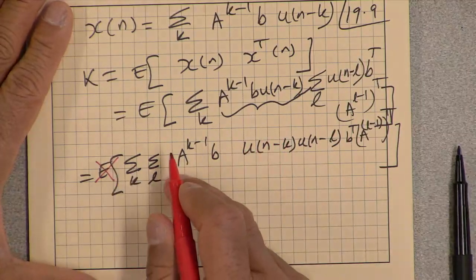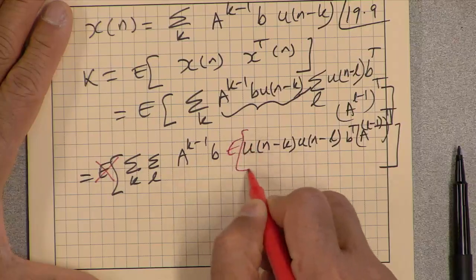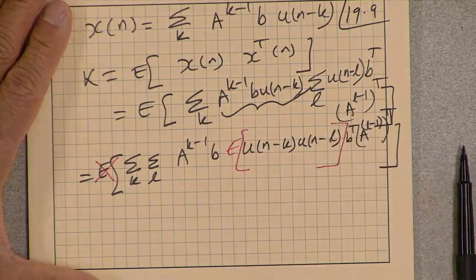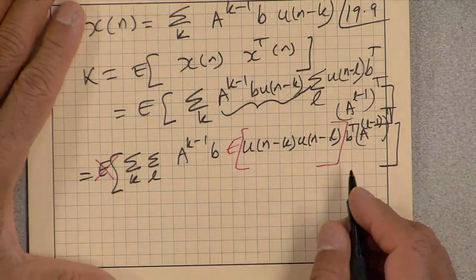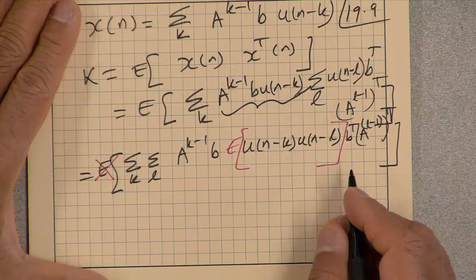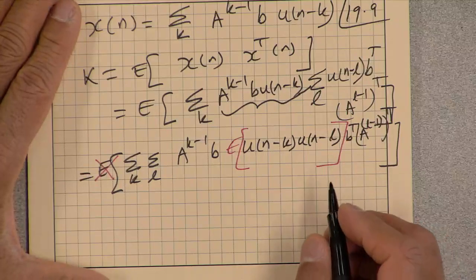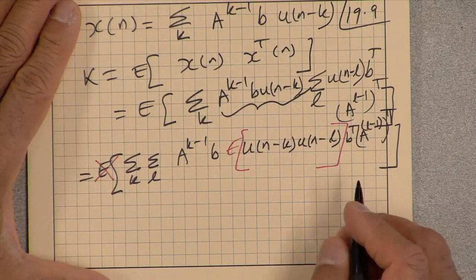The expected value of the sum is the sum of the expected values, and u is a random process such that it has zero mean and variance 1.